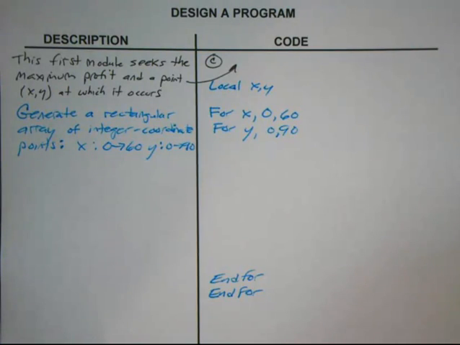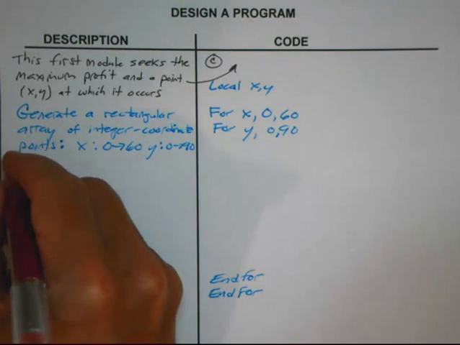what's next to do? Okay, now we have this rectangular array of these integer coordinate points. We know we need to basically create a filter which passes on only those points which are in the domain.